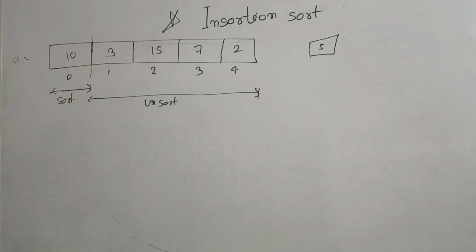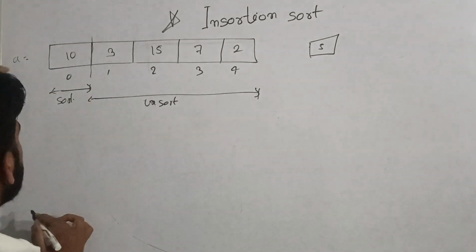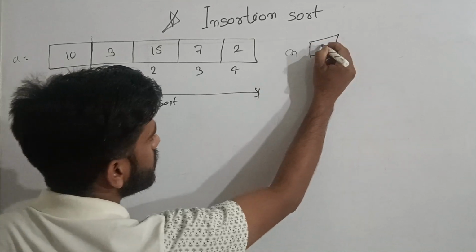Now we create a temp variable, and here the size of the array n is equal to 5.